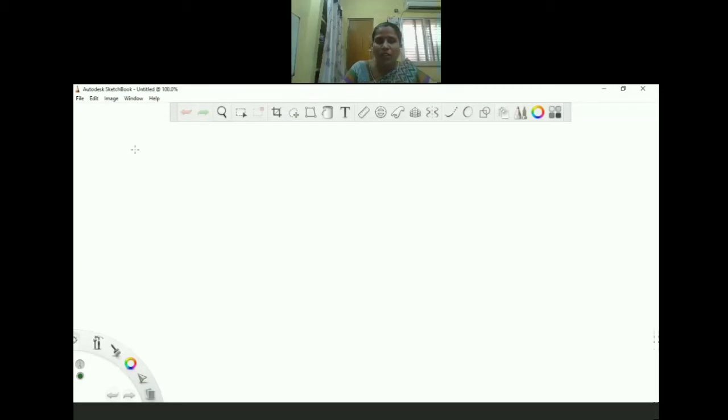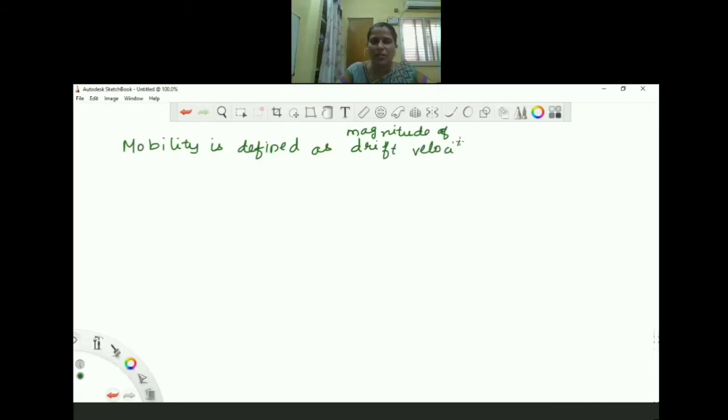So, an important quantity, mobility, is defined as the magnitude of drift velocity per unit electric field.